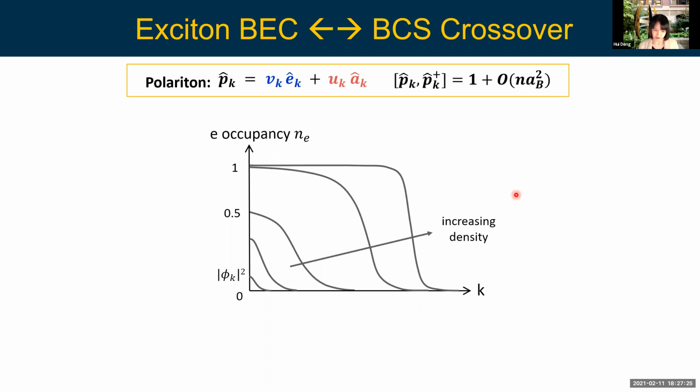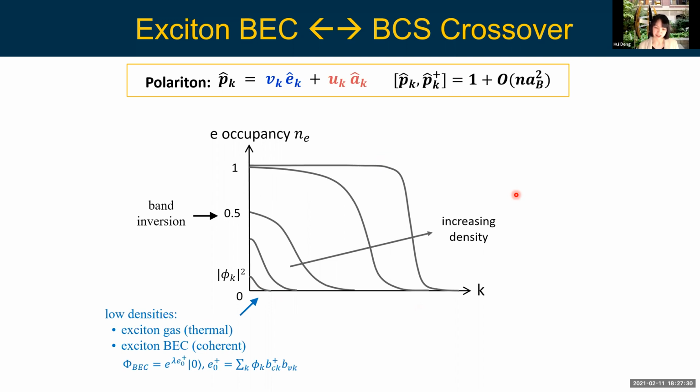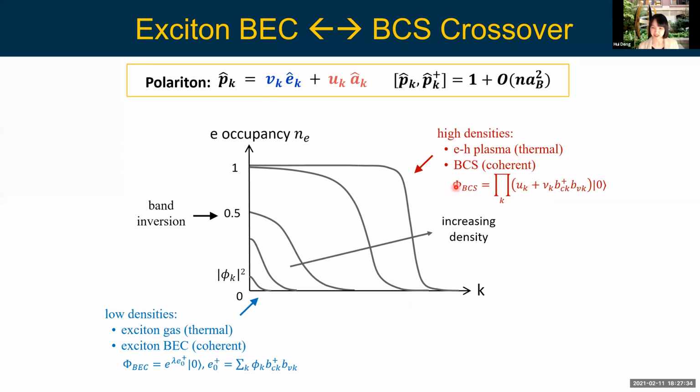It turns out we can have a combined formula to describe this transition from the low density limit to the high density limit, which has the same form of wave function that people use to describe conventional superconductors, the Bardeen-Cooper-Schrieffer states, where you have Cooper pairs. In the superconductor, you have electron-electron forming a Cooper pair.